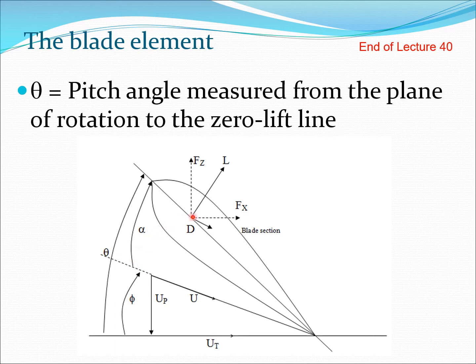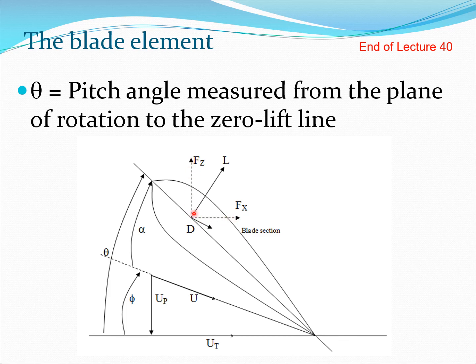Now L should be perpendicular to velocity U, and D should be parallel to velocity U. That's the typical definition of lift and drag: lift is perpendicular to velocity, drag is parallel to velocity. We are going to calculate expressions for L and D, and then later we are going to calculate Fx and Fz, which are in the x direction and the z direction.